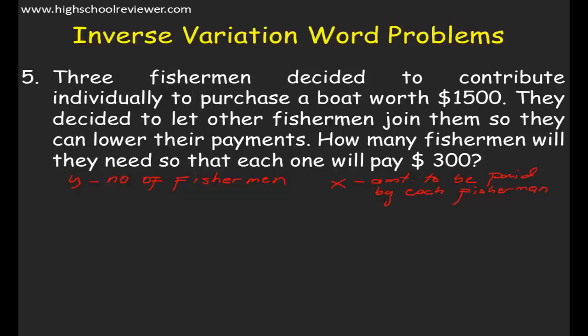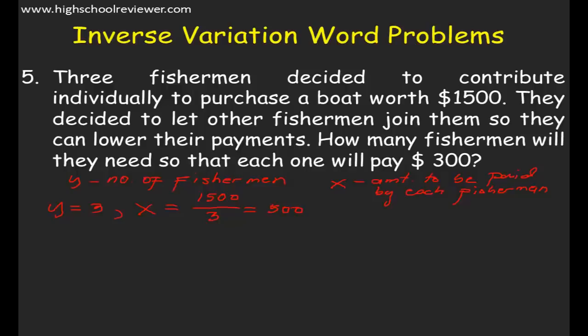So 3 fishermen, our y here will be 3. When x is equal to, they will purchase a boat worth $1,500. So X here, which is the amount to be paid by each fisherman, will be 1,500 divided by the number of fishermen, which is 3. So X will be 500.